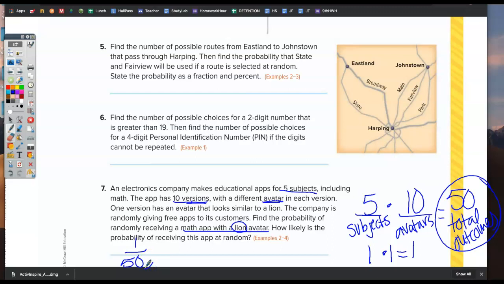This as a decimal is 2/100, which is the same as 2%. Since 2% is less than 50, we would say it is unlikely that you would get that app.